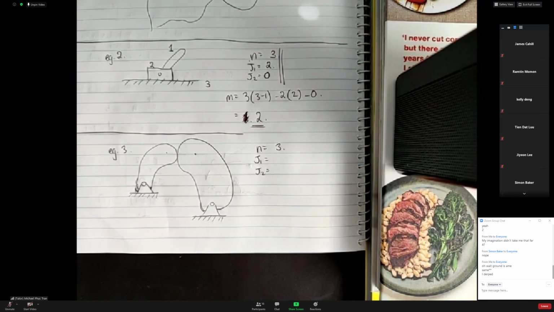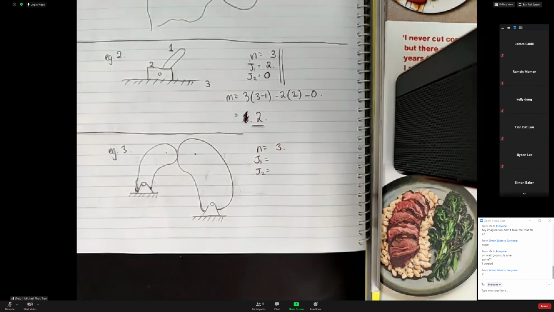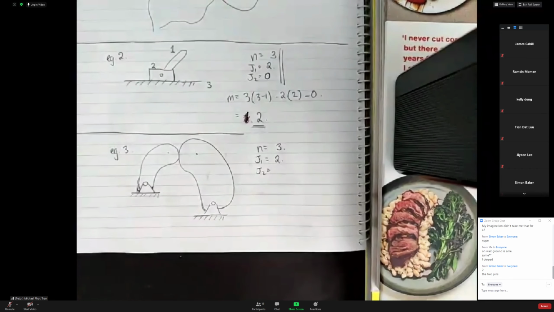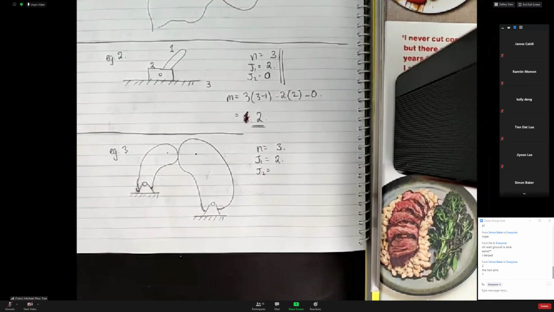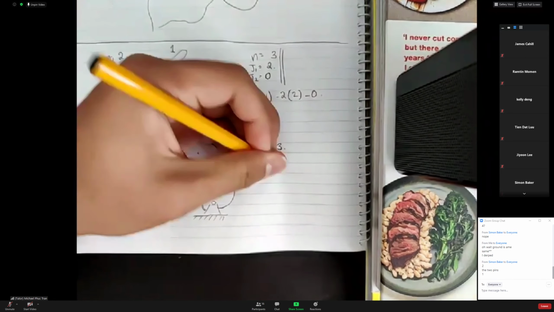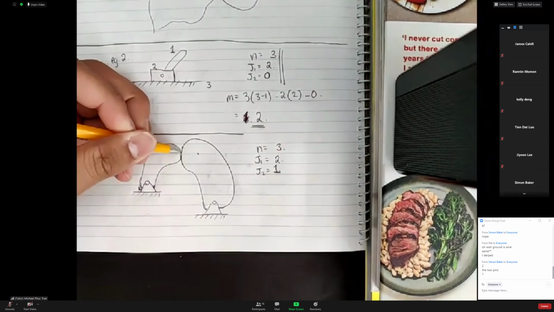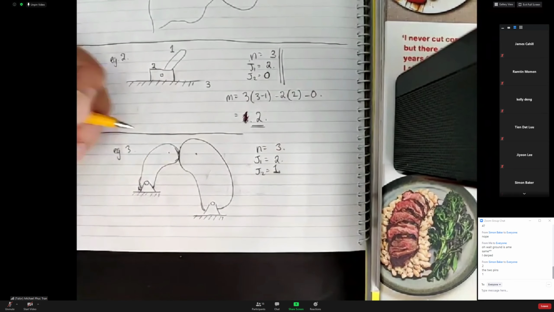All right, J1. How many single degrees of freedom joints have we got? And what are they? Yep. And the last one? Last one is 1. Yep. So that's called a half joint because it's not really fixed in one dimension.